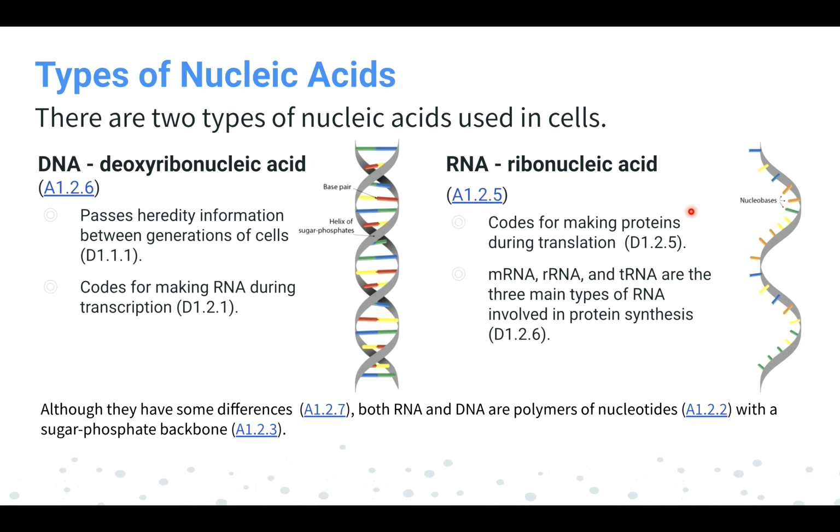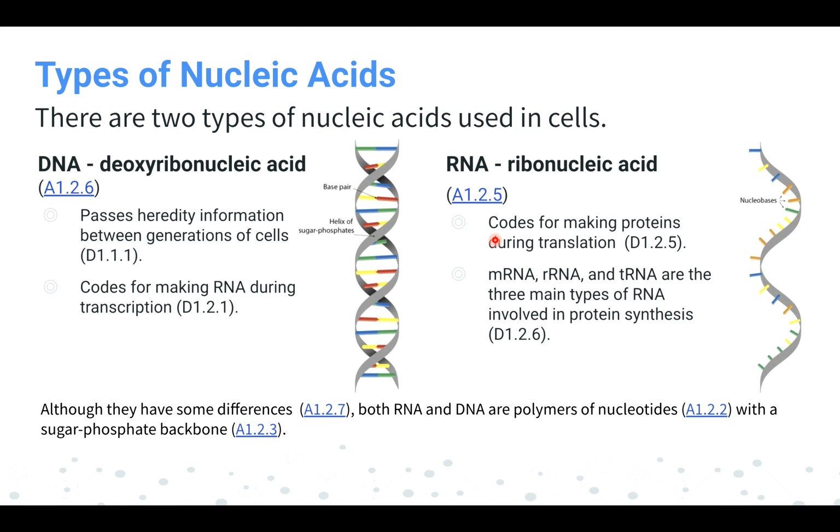When we talk about the types of nucleic acid, majorly we have two types. First is DNA, which stands for deoxyribonucleic acid, whereas the RNA molecule is a single-strand molecule, which stands for ribonucleic acid. Both have the same function. First function, they act as a genetic material.